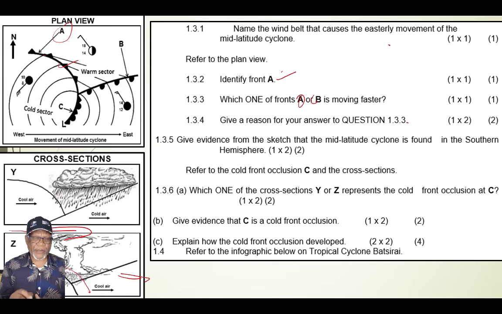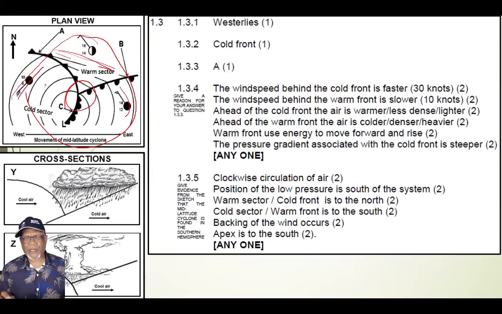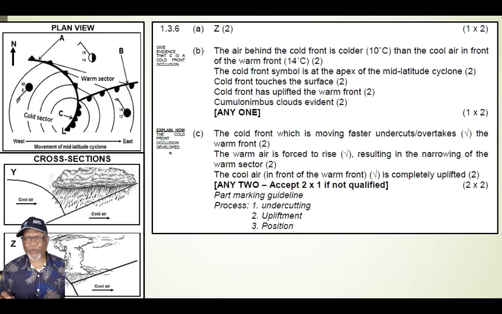So you must say the cold front has a steeper pressure gradient. Because of a steeper pressure gradient, the cold front is going to move faster, and because it moves faster, it is going to catch up with the warm front, and then it is going to undercut.